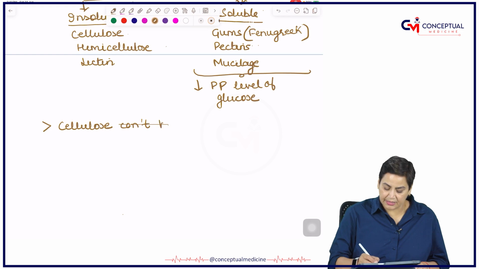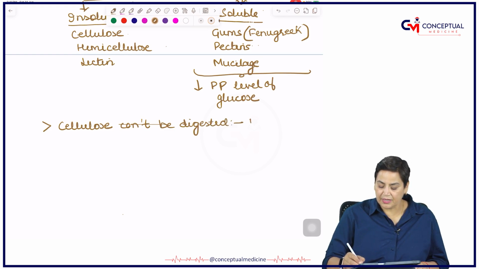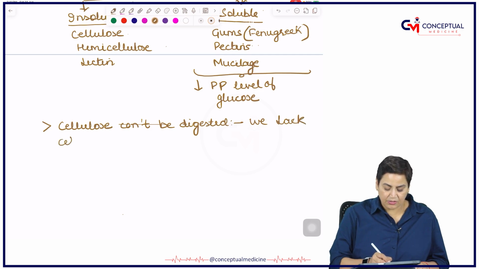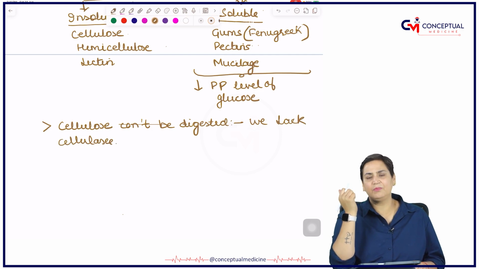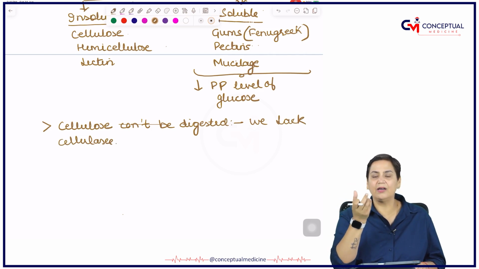And why can't it be digested? Because we lack cellulase enzyme. So obviously if the enzyme to degrade something is absent, there has to be some kind of logic why we have to take fibers in the diet.